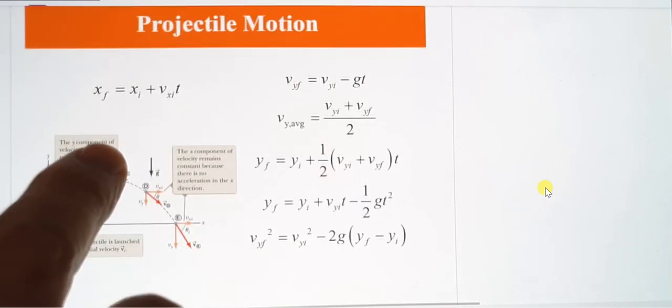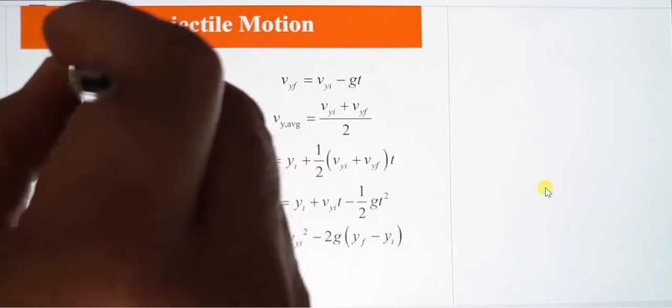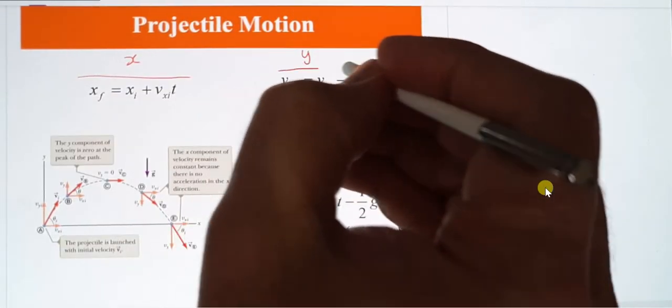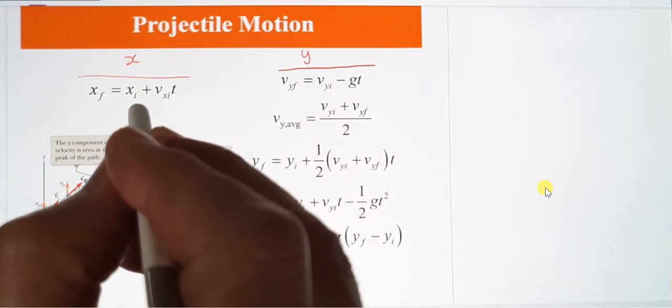We are going to solve one problem coming soon, inshallah. So we can say this is in the x-axis and this is in the y-axis. In the x-axis, we don't have acceleration.